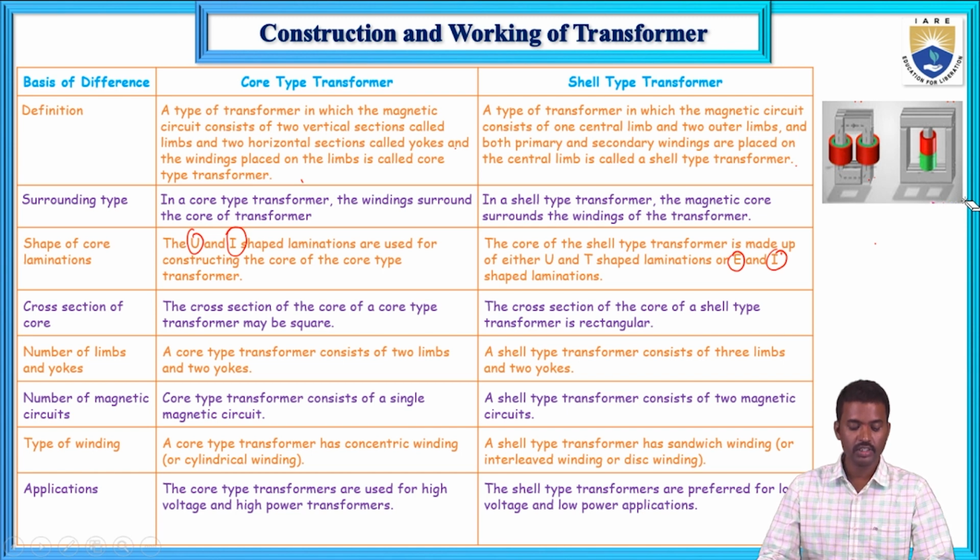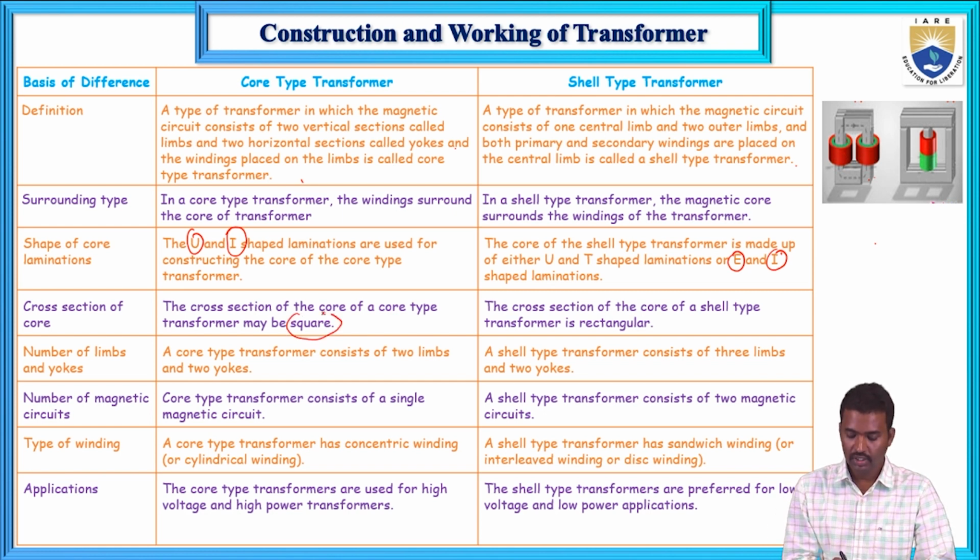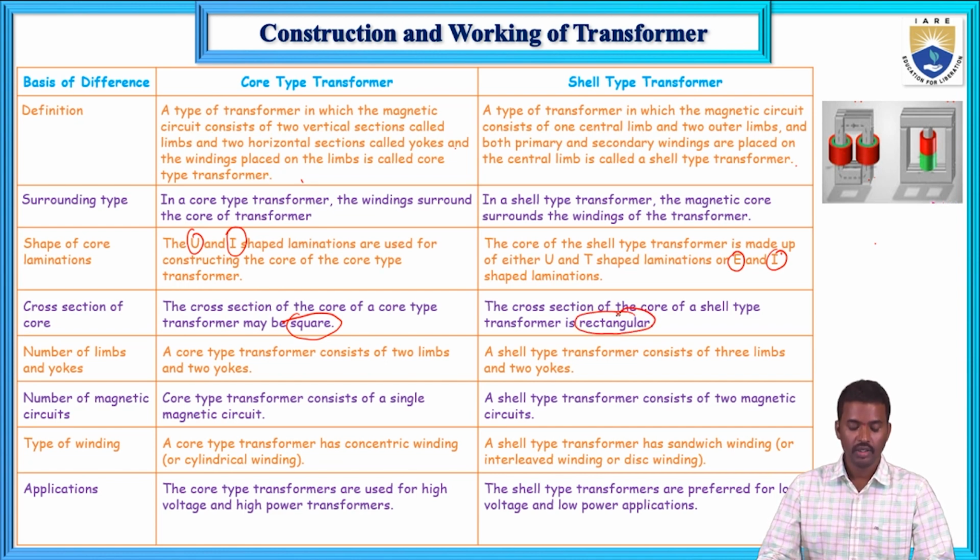Next, the cross-sectional area. The cross-section of the core of the core type transformer may be square, and this one is rectangular. Next, the core type consists of 2 limbs and the shell type consists of 3 limbs.